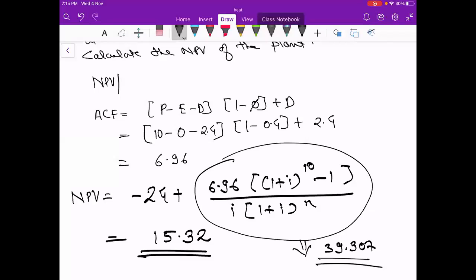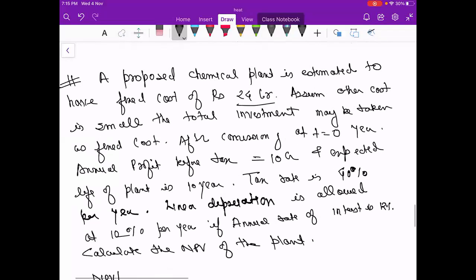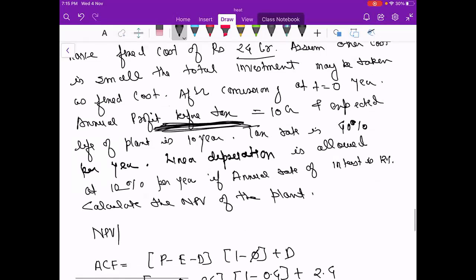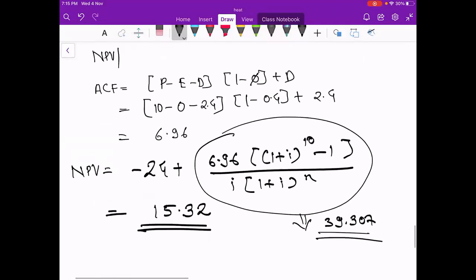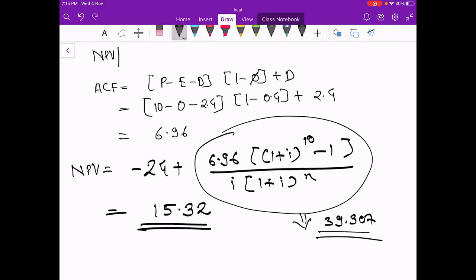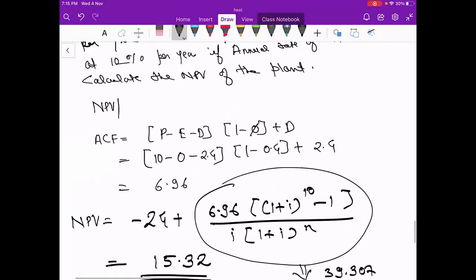In ACF, profit is after tax, but here it is given before tax. Again, what are you reading? See, before tax is clearly mentioned. Depreciation is not 2.4 by 10, it is 24 by 10.